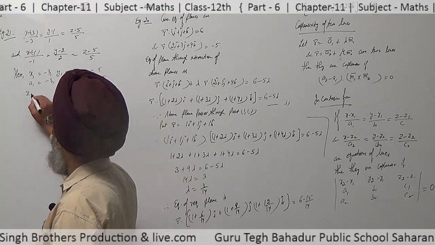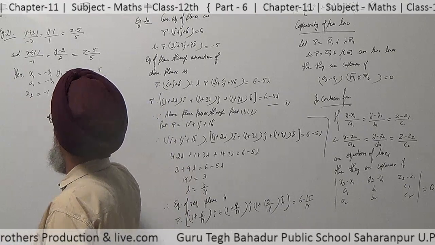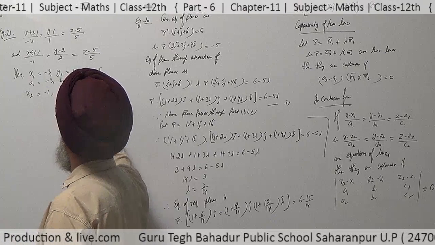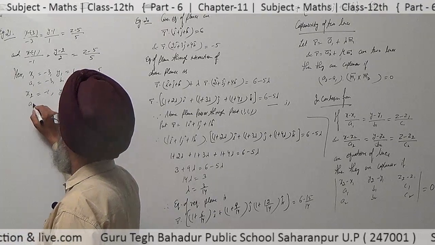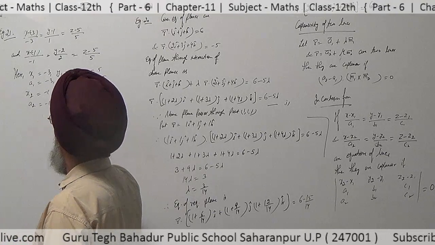Then x2 is minus 1, y2 is 2 and z2 is 5, a2 is minus 1, b2 is 2 and c2 is 5.